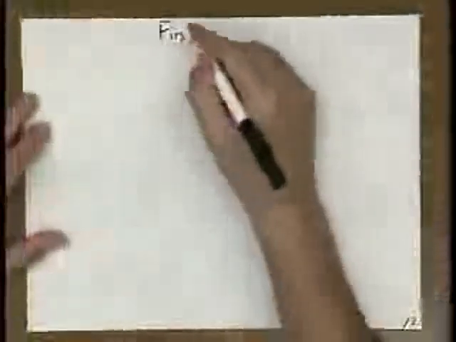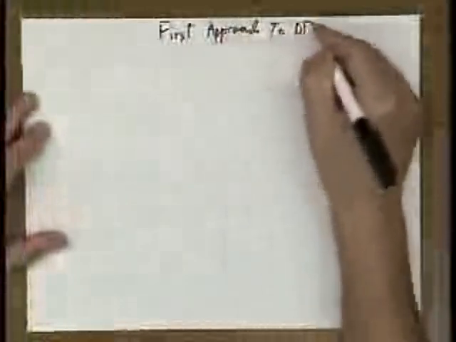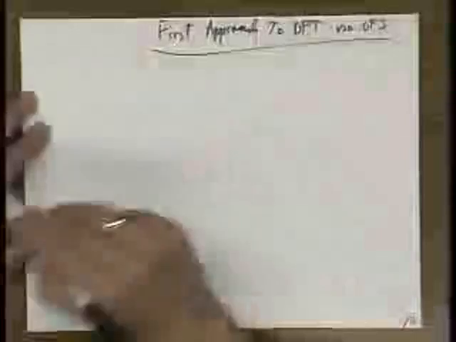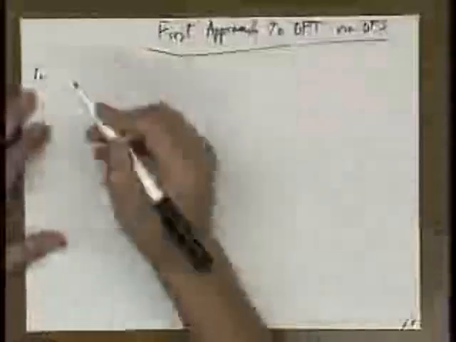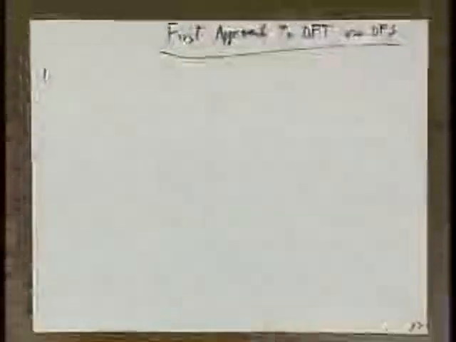So here we go. The first approach to the DFT is via the DFS, discrete Fourier series. And the way it works is as follows. You start with a finite extent sequence, x of n. That's what this is all about. Discrete Fourier transform doesn't deal with periodic infinite length sequences.